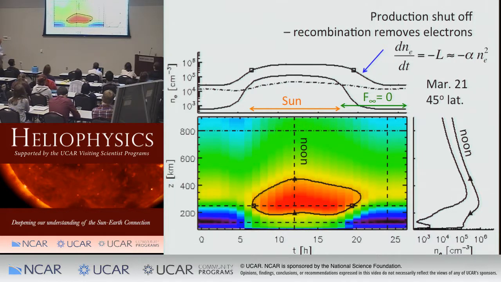Then, I apologize, I love making these really complicated plots. So along the top, I show the number density, now in normal units, as a function of time at 3 different slices. This bottom slice, next slice up is here, and then a slice way up here in dash dot.